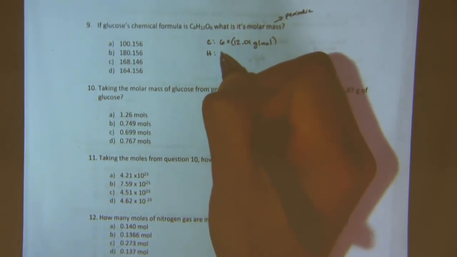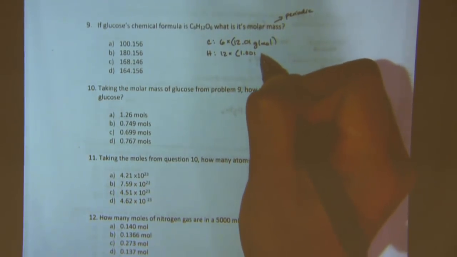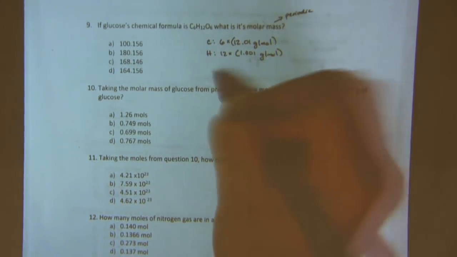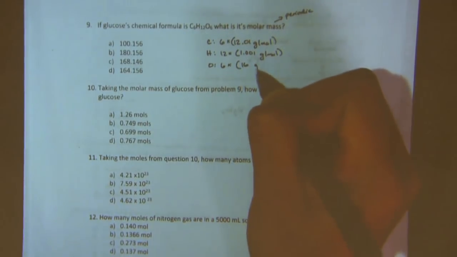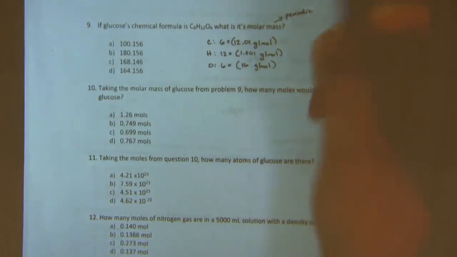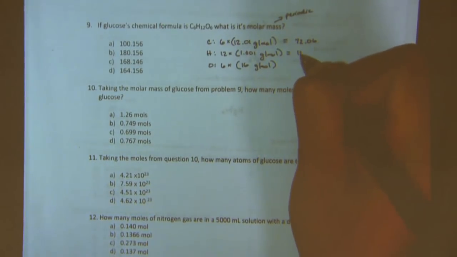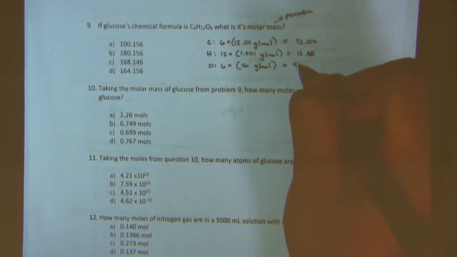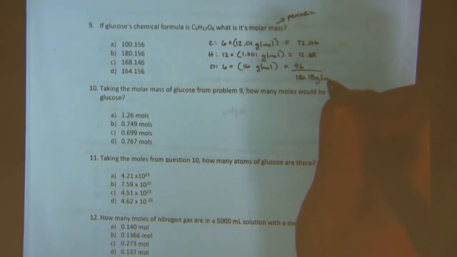Hydrogen, there are 12 of them. This is its molar mass. And then oxygen, there are 6 of them, and it's about 16. So once we calculated all of that, we would just sum up all of them, and the final answer would be 180 grams per mole.